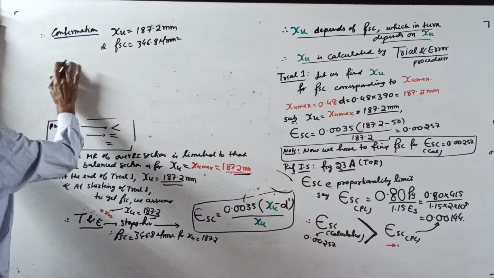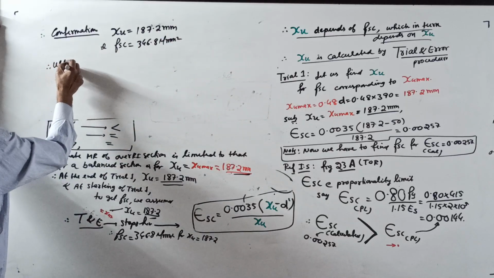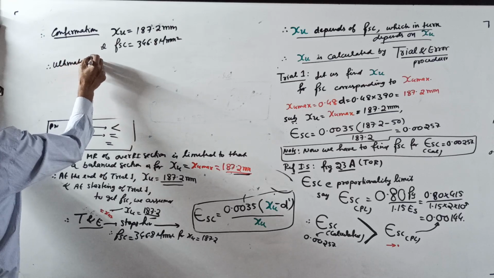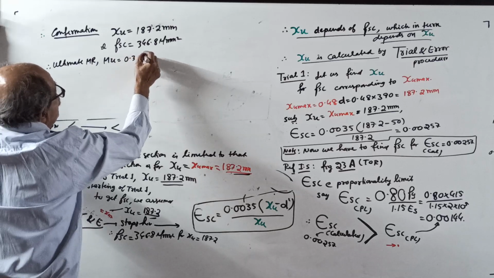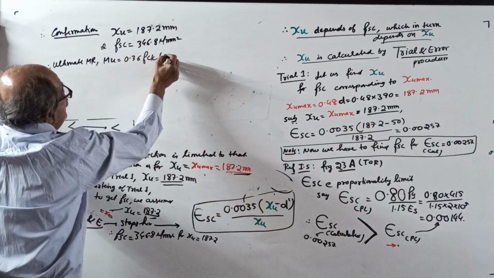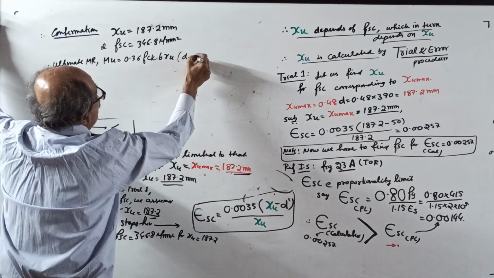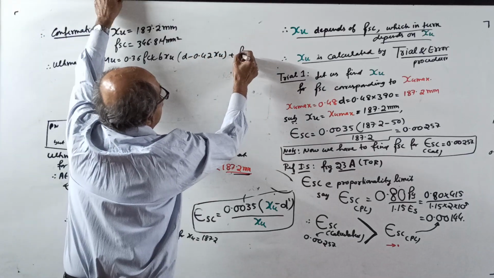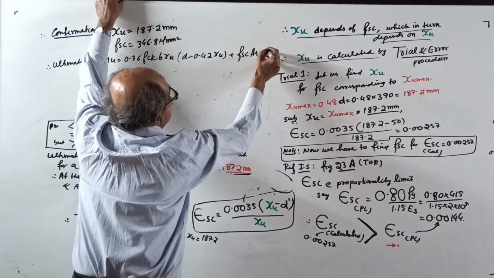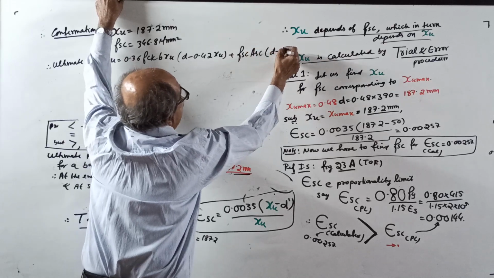Okay, now write. Therefore, ultimate MR, MU equal to 0.36 into FCK into B into XU into D minus 0.42 XU, plus FSC into ASC into D minus D dash.